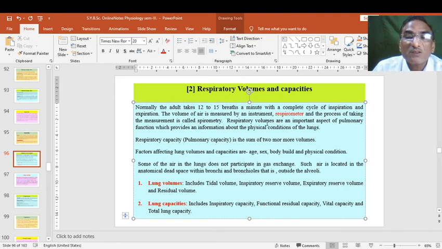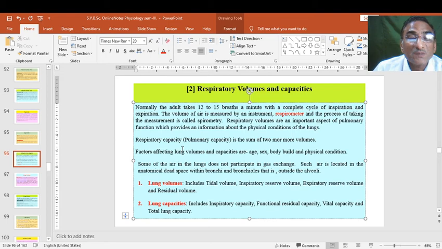Respiratory volumes are an important aspect of pulmonary function, which provides information about the physical condition of the lungs. Once the respiratory volumes are maintained at their normal or standard level, the physical condition of the person or animal is good, and the lung capacities are also good.